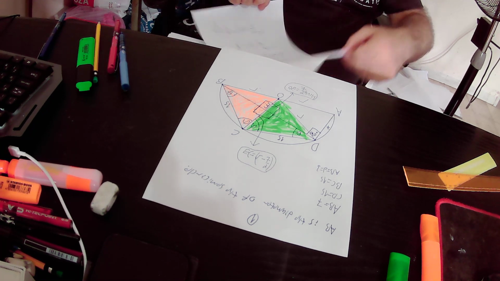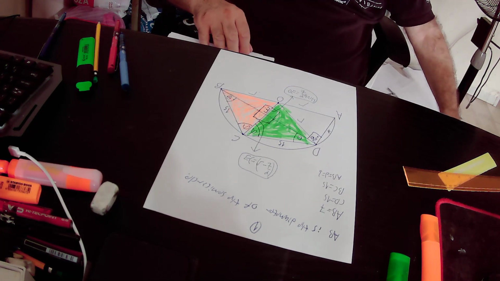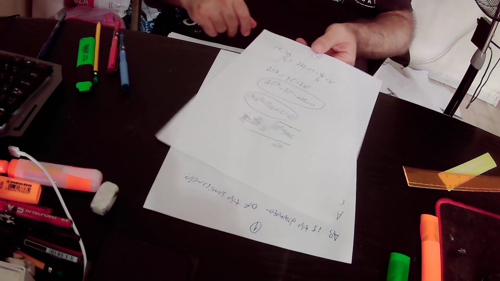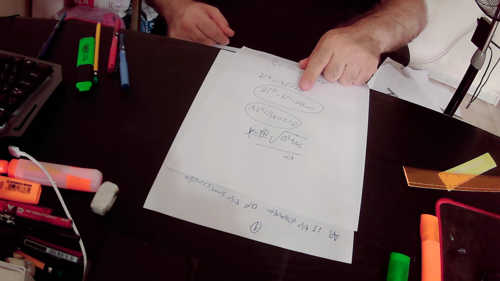So we solve this simple equality and we arrive at the quadratic equation 2R square minus 7R minus 225 equals 0.